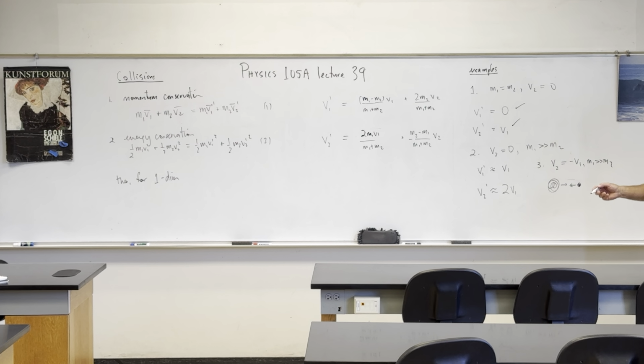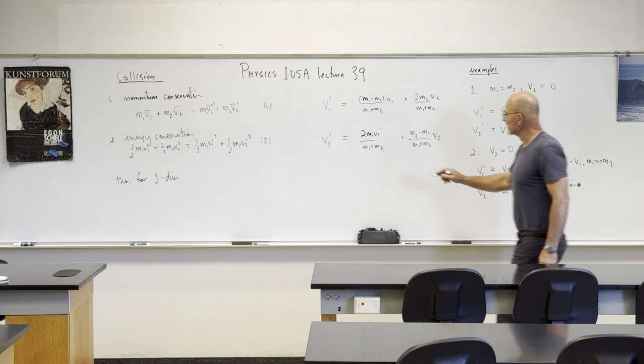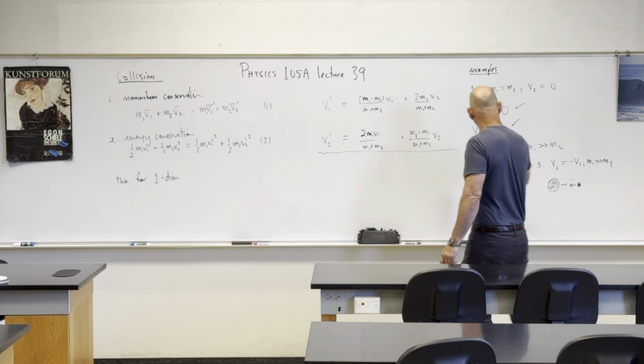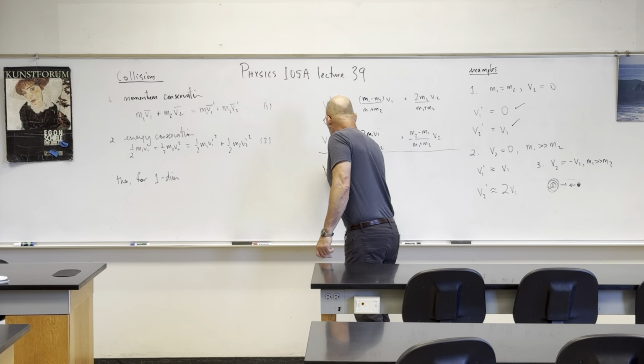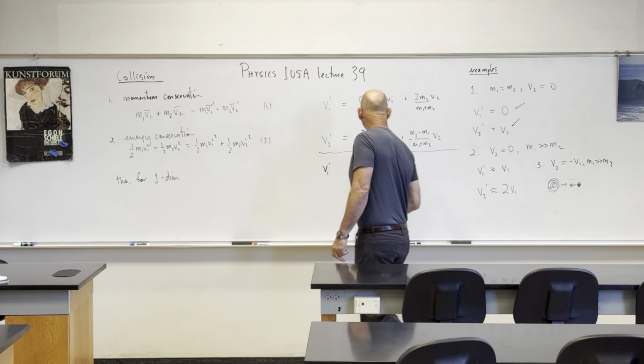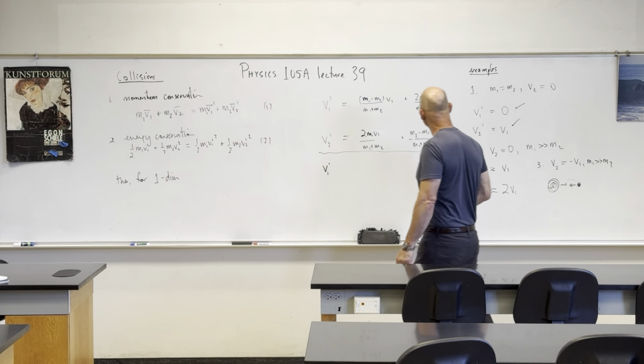One's much larger than the other, much more massive. And let's see, we'll take some spaceship over here and see what happens. So we'll have V1 prime, M1's much larger than M2.